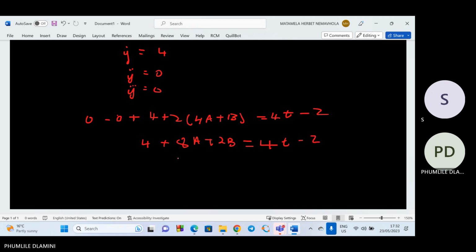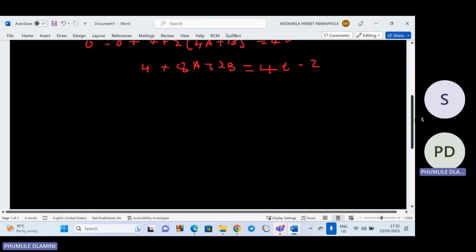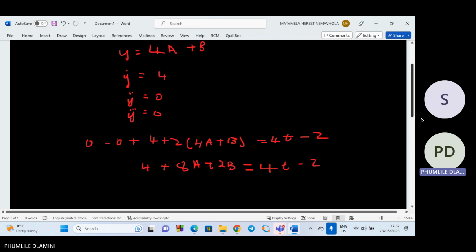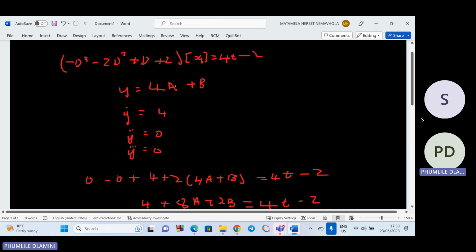Oh, sorry. I made a mistake, there is something that I was supposed to do there. Remember, it's not supposed to say 4a, it's supposed to say 4t. So when you say 4t, then when we differentiate here, y prime is going to say 4a.